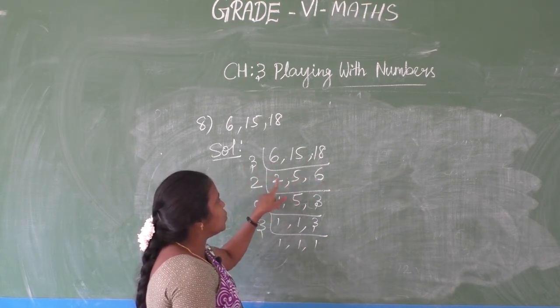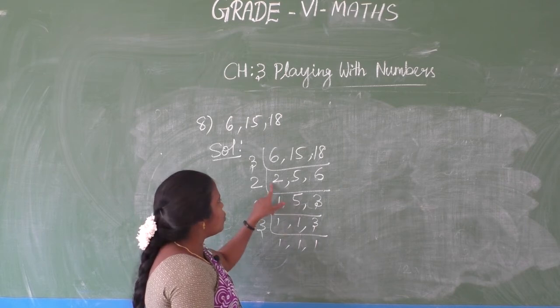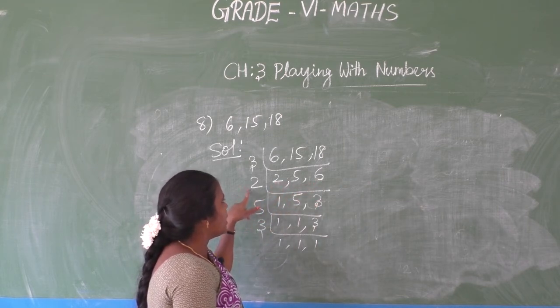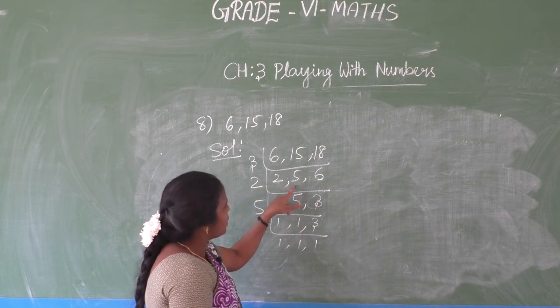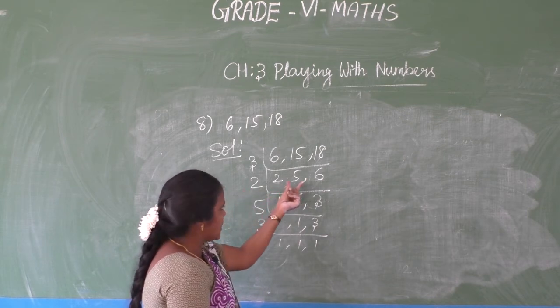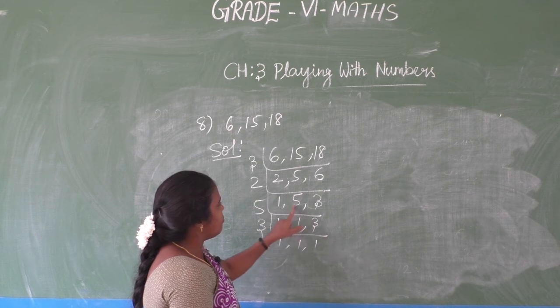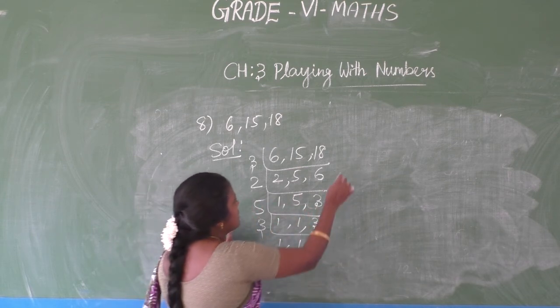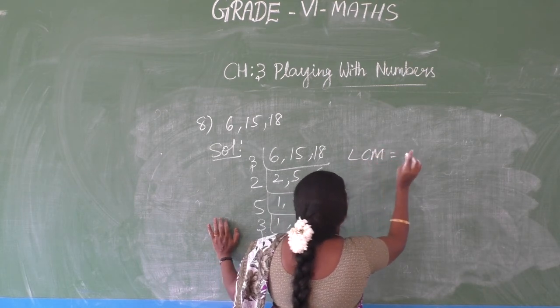Then I got 2, 5, 6. Here 2 and 6 are common, so we can divide them by 2. 5 will not come in the 2 table, so bring it down. Then 5 and 3 are prime numbers, written on this side.